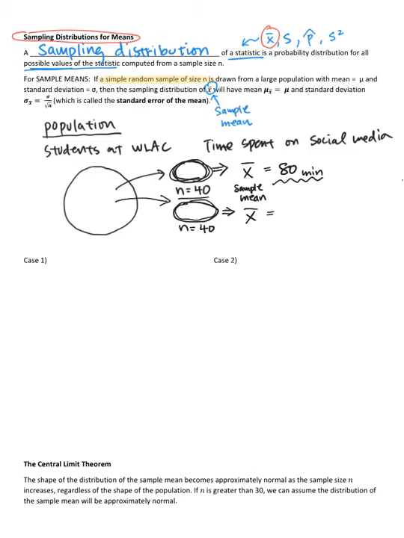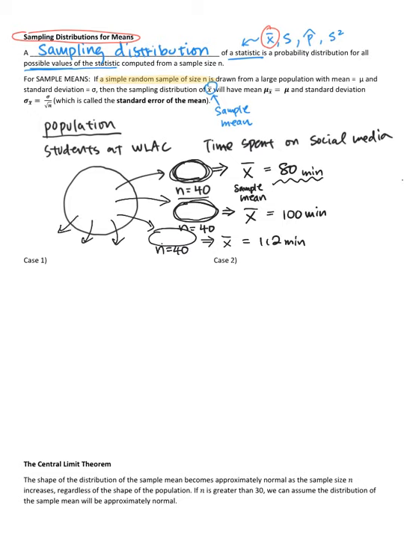So let's say I happen to get 100 minutes for this group. And let's keep going. I have, again, a group of 40 people, and I ask each one how much they spend on social media, and X bar, the mean, happens to be, let's say, 112 minutes. And you keep doing that.